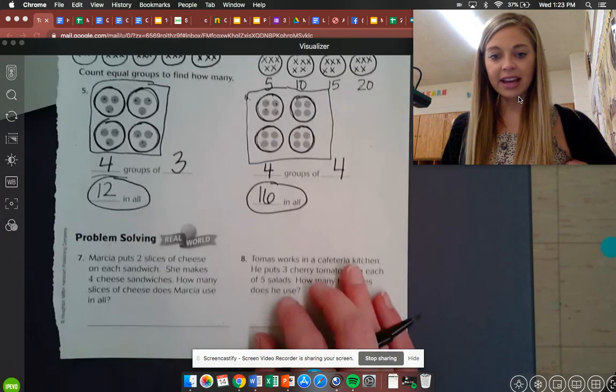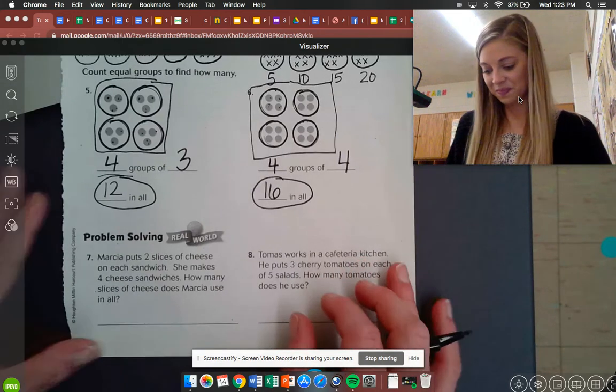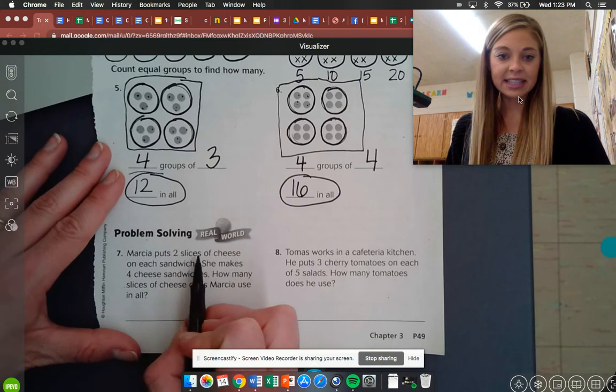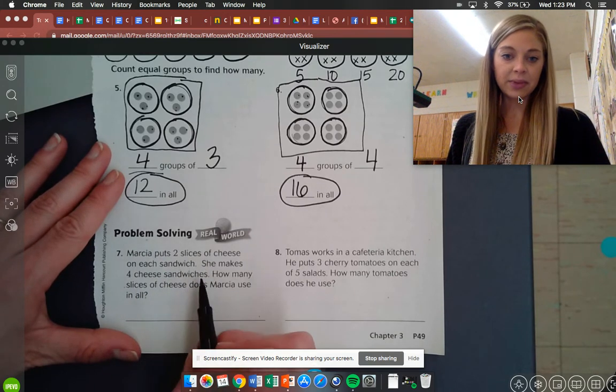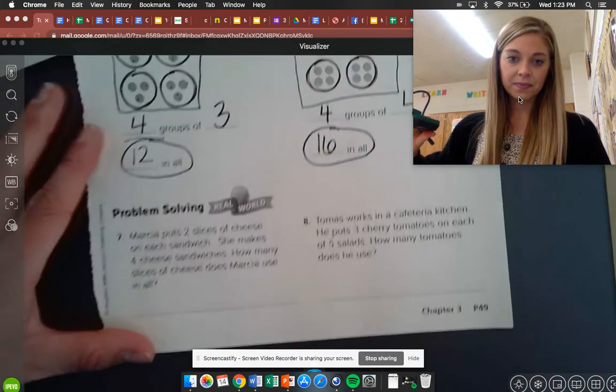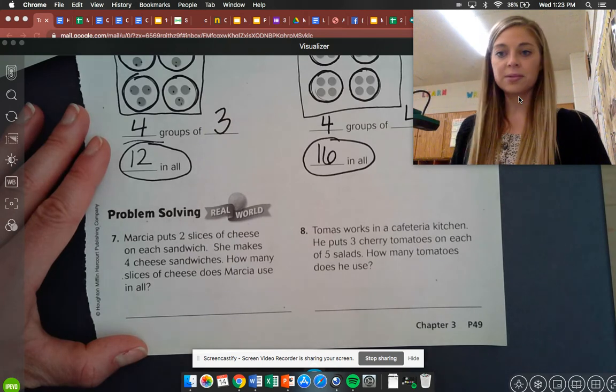Let's go ahead and do the 2 story problems on the bottom, and then we'll be done. Marcia puts 2 slices of cheese on each sandwich. She makes 4 sandwiches. How many slices of cheese does Marcia use in all?